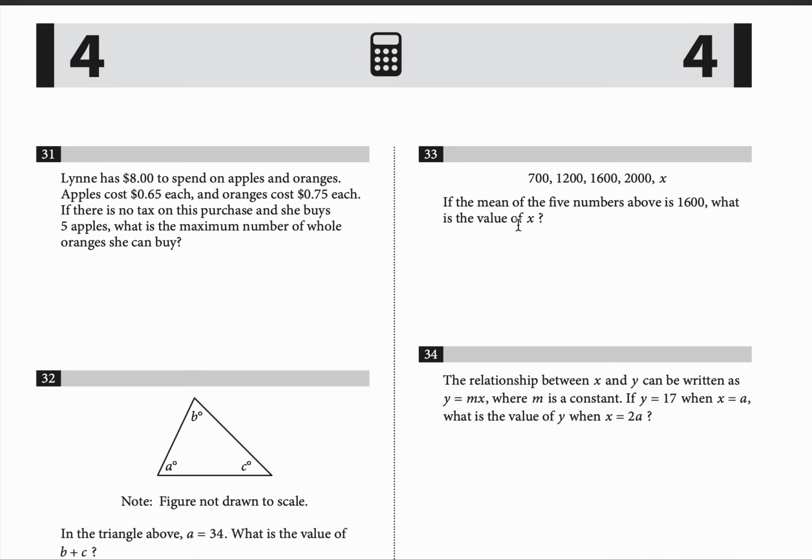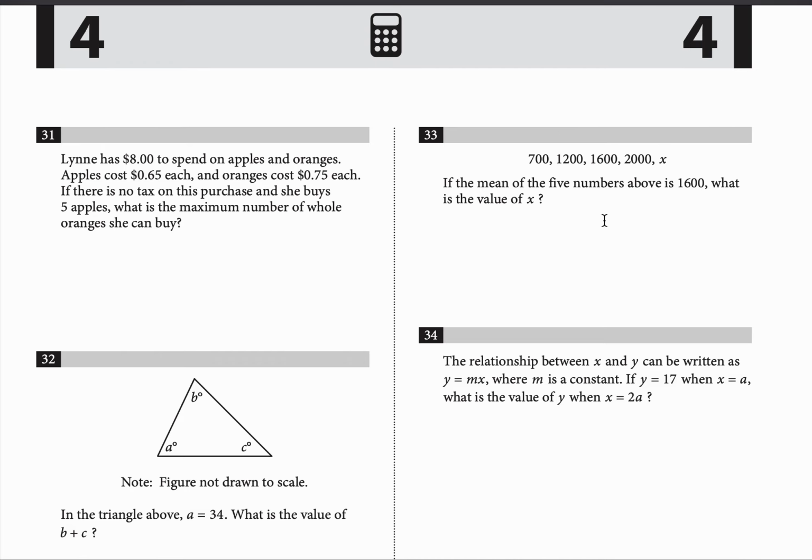So the little technique here is that if the mean is 1600, then we can basically remove things that are 1600. So this number is irrelevant. I can add 1200 to 2000 to make 3200.